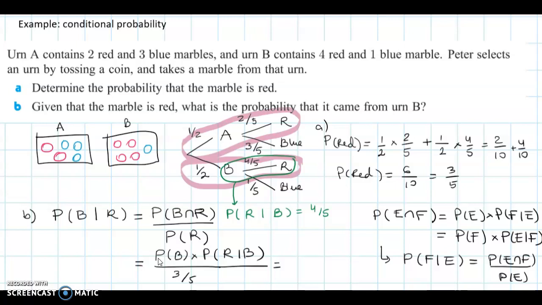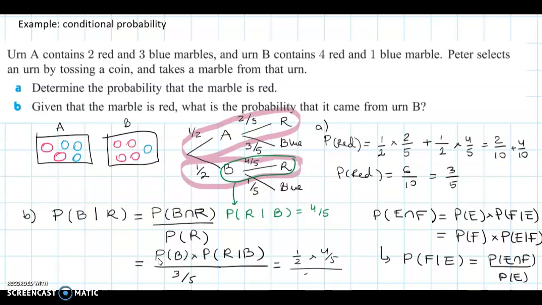The probability of B, so taking the marble from the box B, that's a half. And then the probability of being red, given that it comes from B, that's what I know already, right? That's what is given, because we know there are 4 red ones out of 5 in B, so that's 4 over 5.